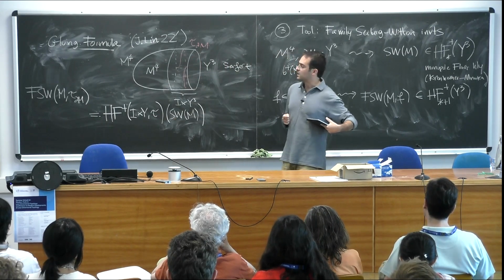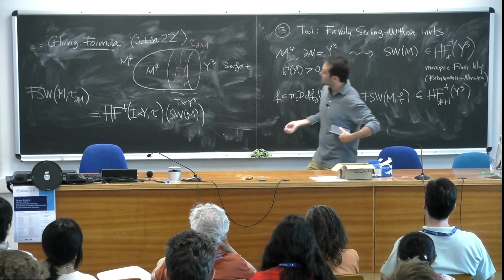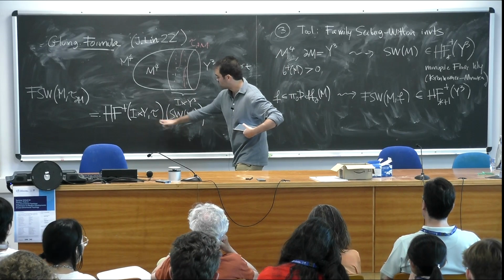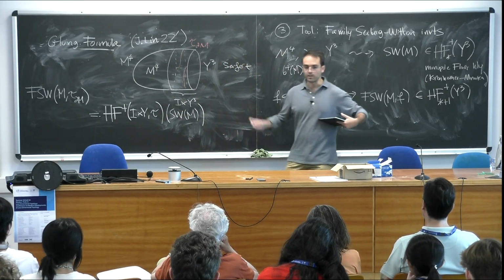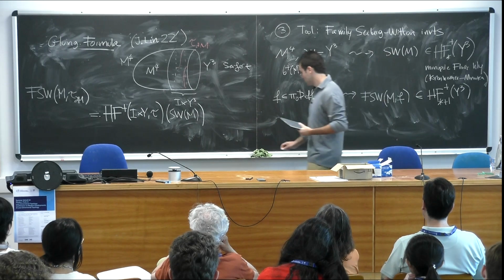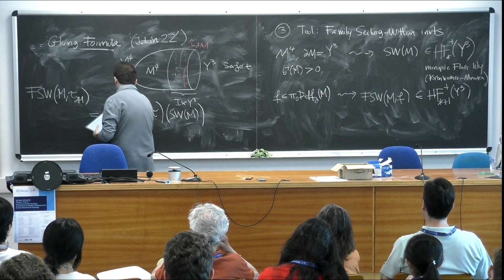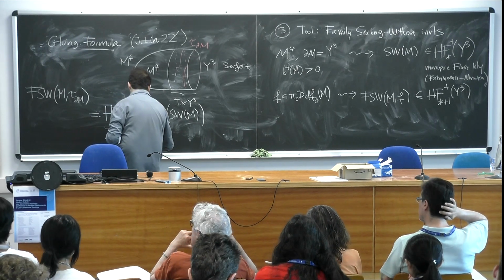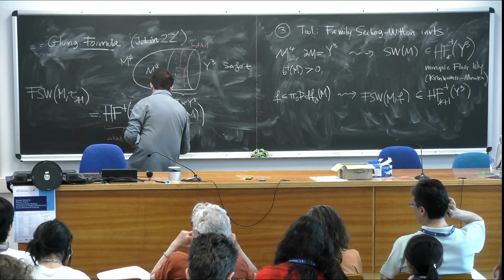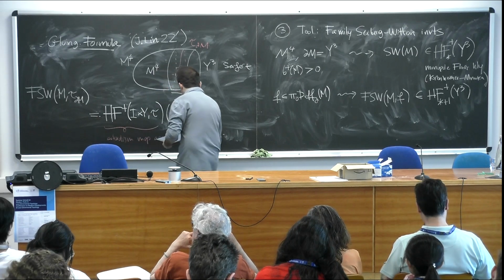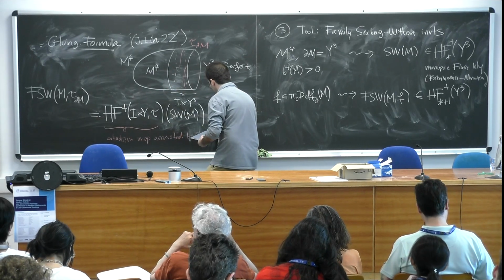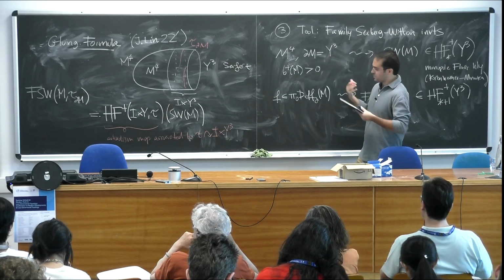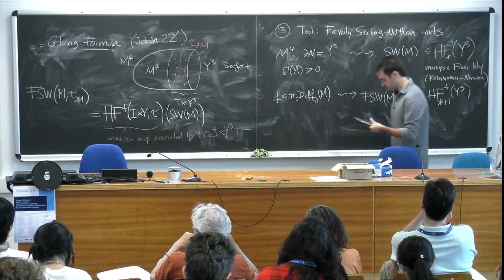That gives you a cobordism map from the Floer homology of Y to the Floer homology of Y, and you just evaluate that cobordism map on the ordinary Seiberg-Witten invariant of M. So this is the cobordism map associated to the Dehn twist acting on the local model interval cross Y. It's the effect of the Dehn twist on the monopole Floer homology.